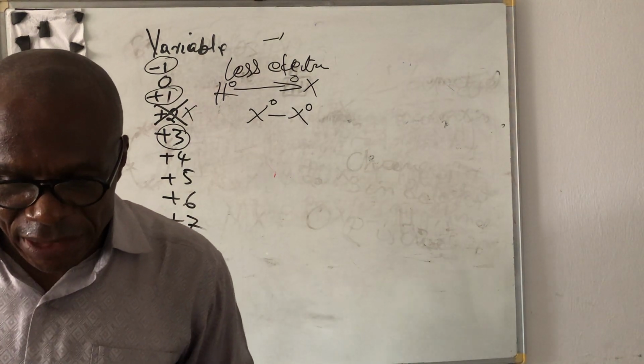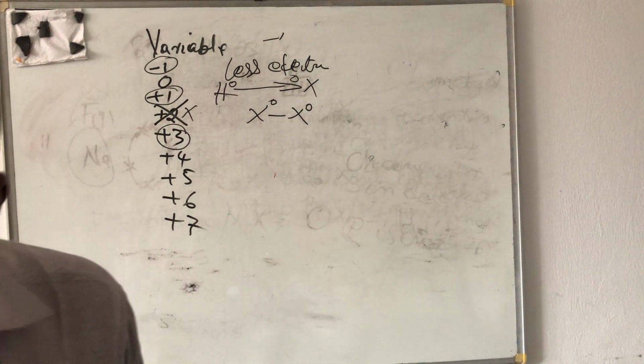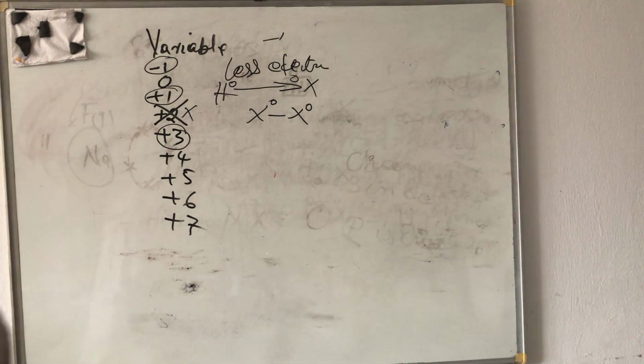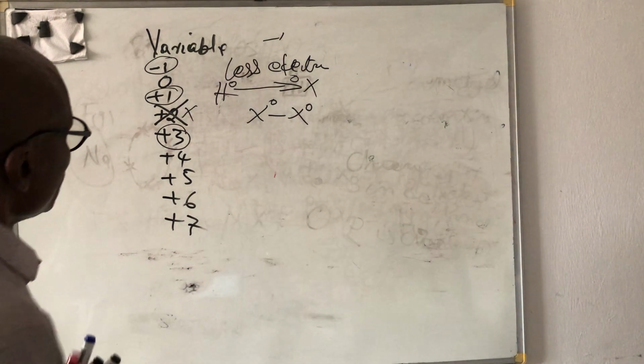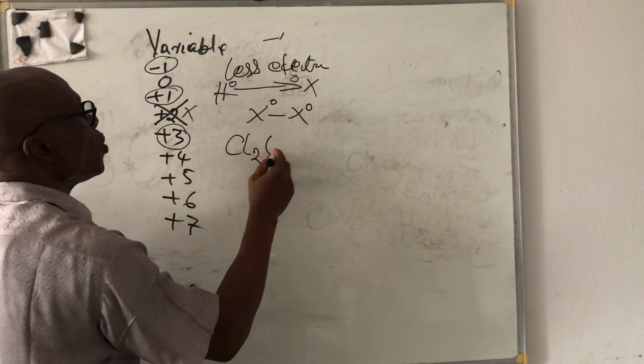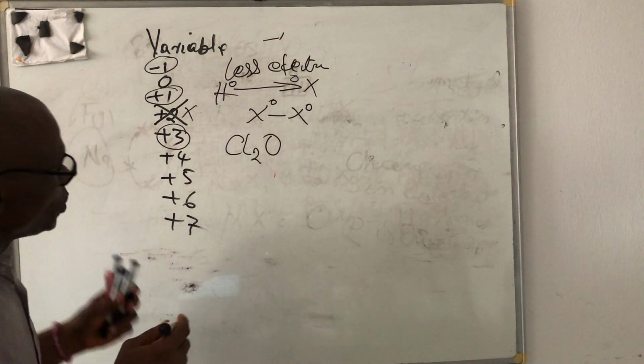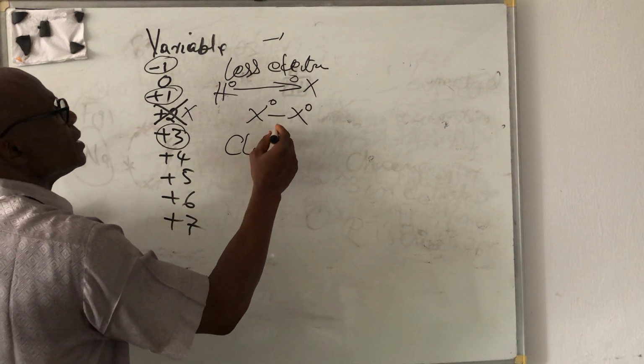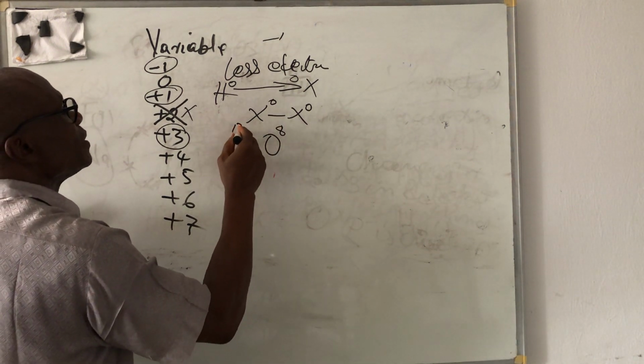Furthermore, it is also possible for the halogens to combine with oxygen. If you have Cl2O, you remember that oxygen is 8 and chlorine is 17.